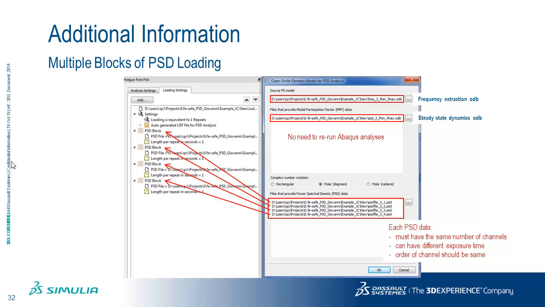And in case, on top of the multiple channel, if you have multiple blocks, the only thing you need to do is just specify the multiple PSD data corresponding to each block, okay? Then FE-Safe will automatically take care of those.